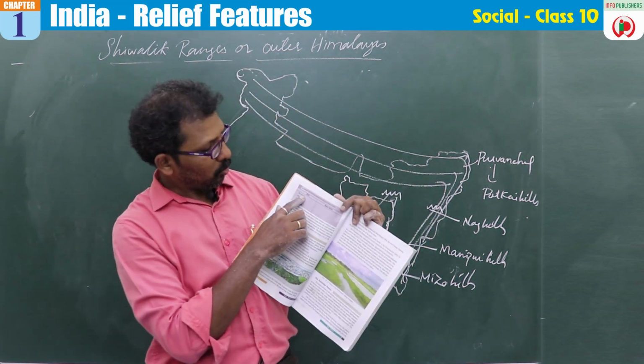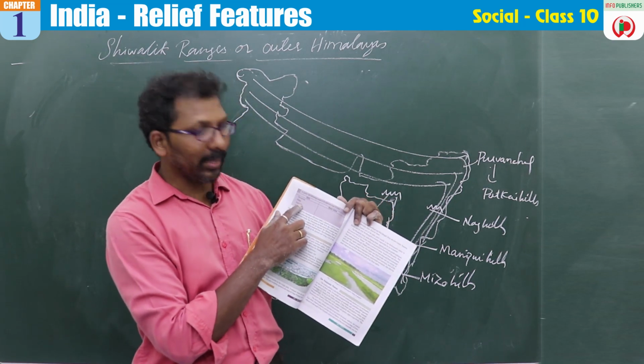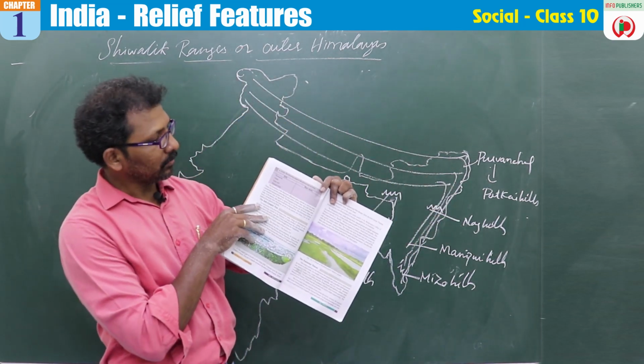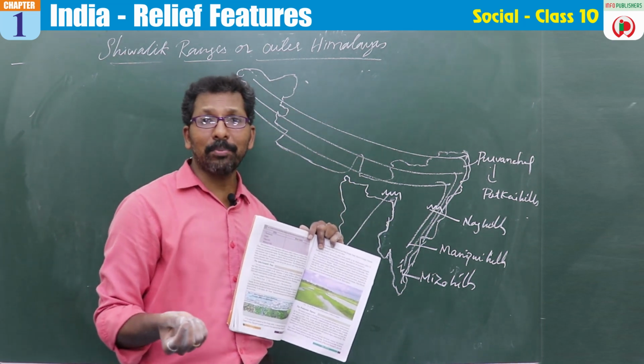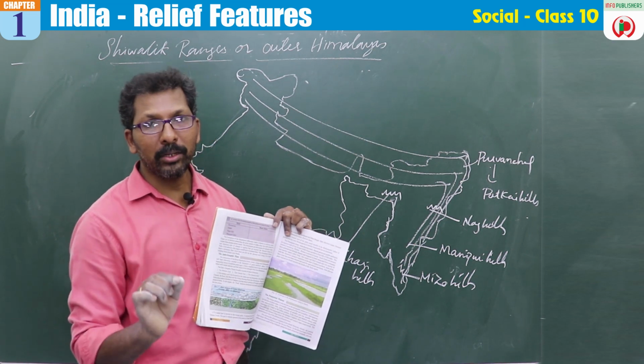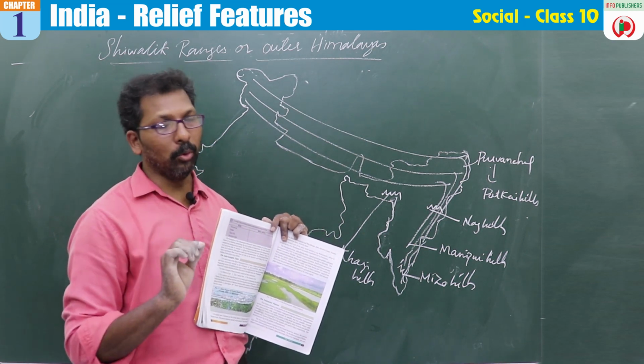Next, Naga Hills are present in Nagaland. Manipuri Hills are present in Manipur.